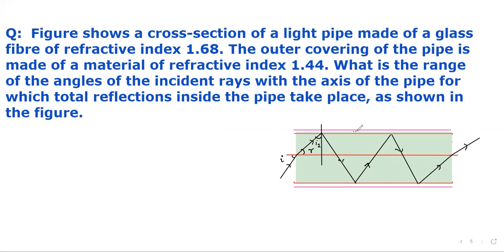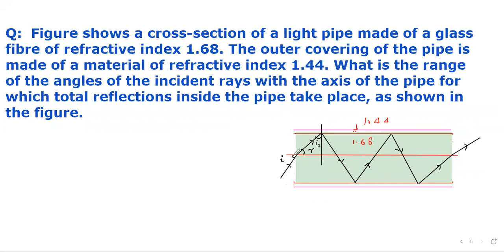Here it is 1.44 outside, and inside it is 1.68. What is the range of angles of incident rays with the axis of the pipe for which total reflection inside the pipe takes place as shown in the figure?